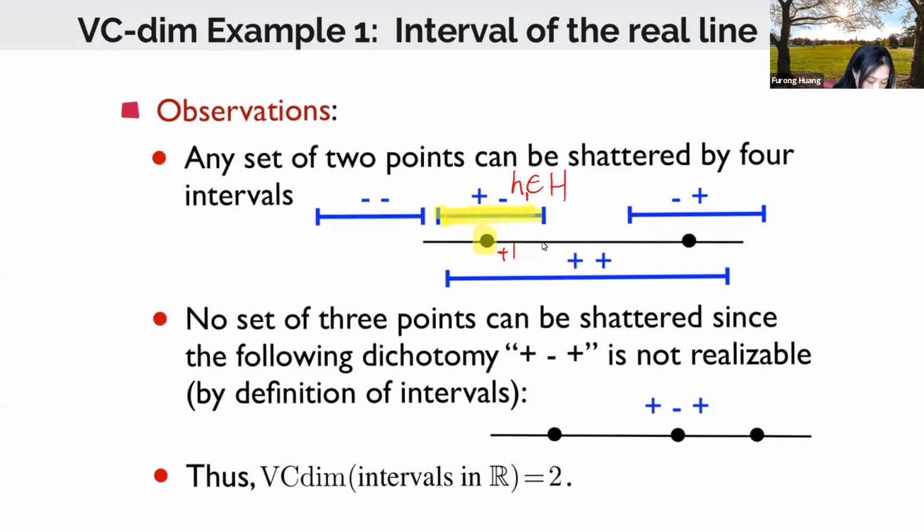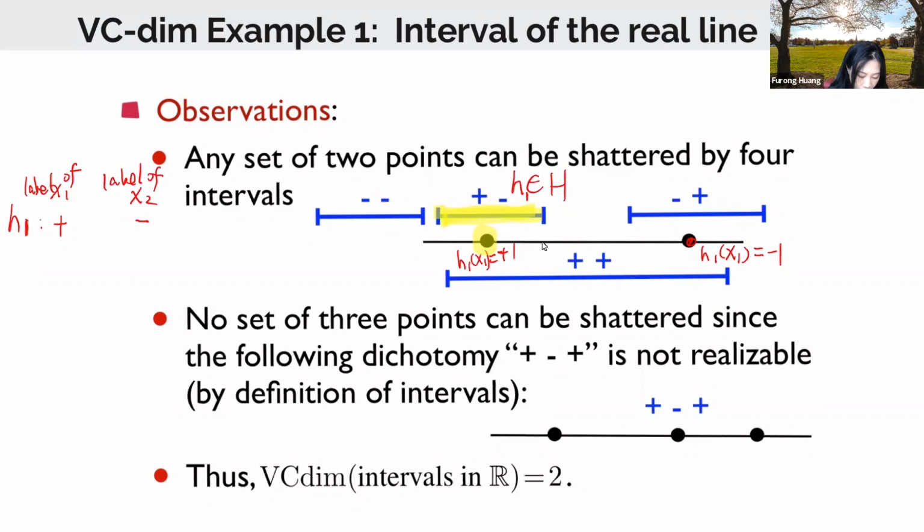So H1 of X1 will be +1. And for this dot, H1 of X2 is going to be -1, right? So basically for H1, you've been able to label it as plus and minus. Is this clear?